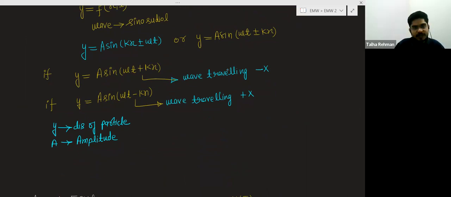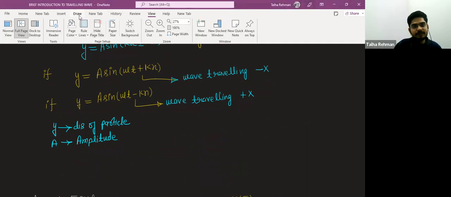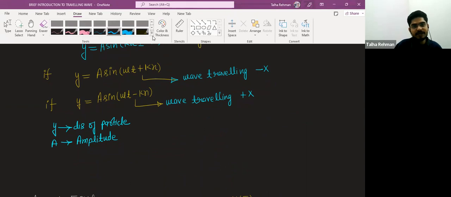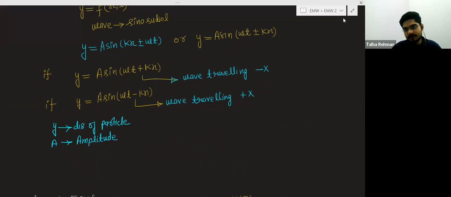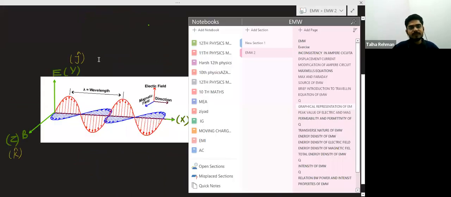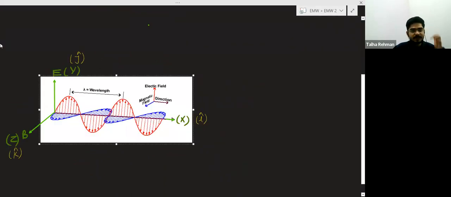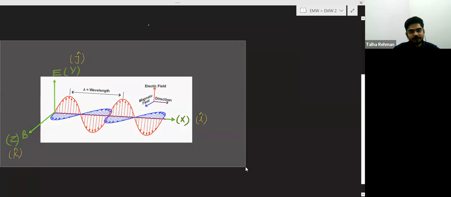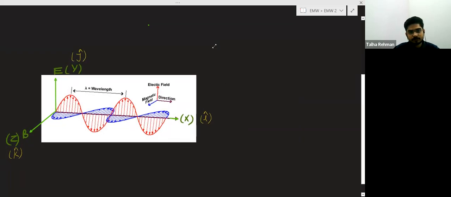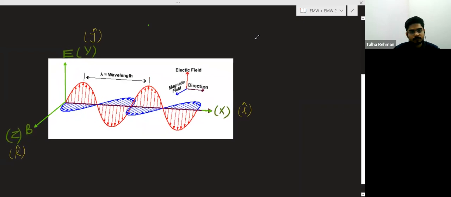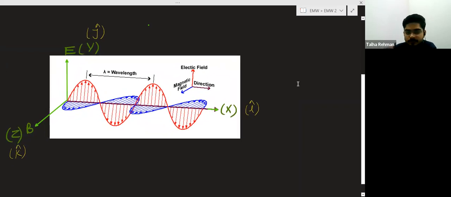Okay. Now we have the electromagnetic wave. So now you should see what the electromagnetic wave is. Basically, this is the graphical representation of the electromagnetic wave. What happens in an electromagnetic wave?